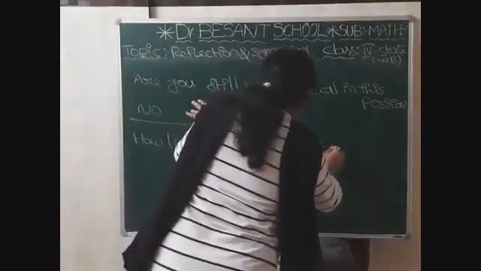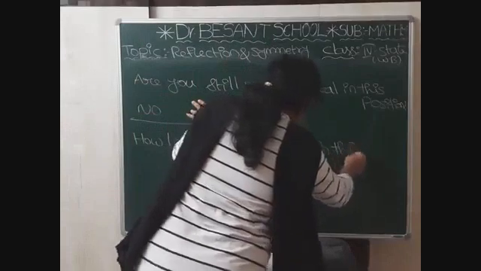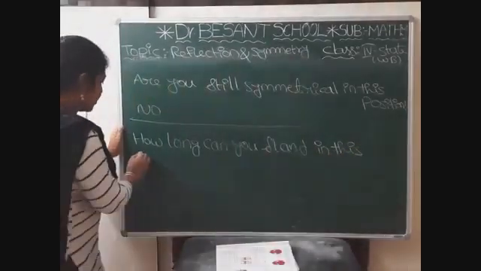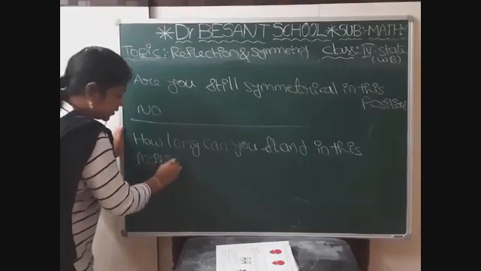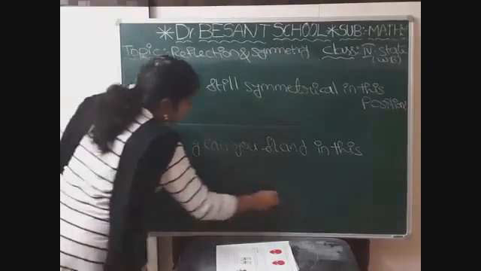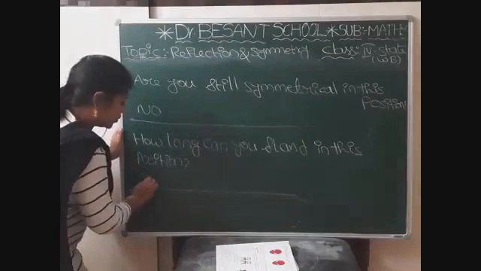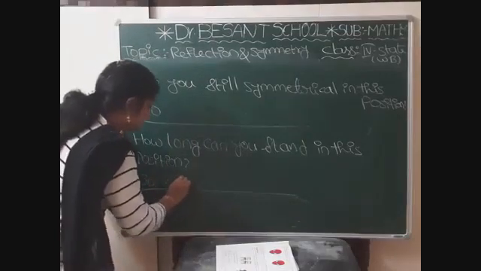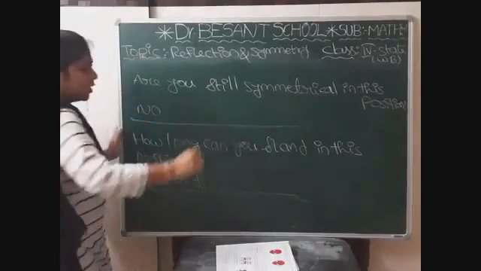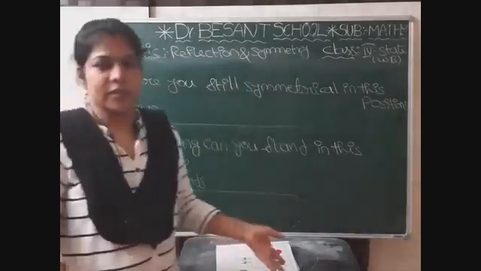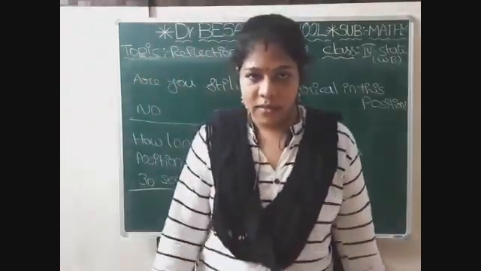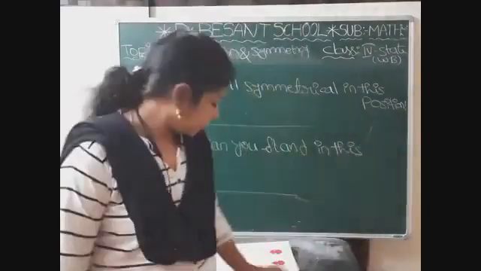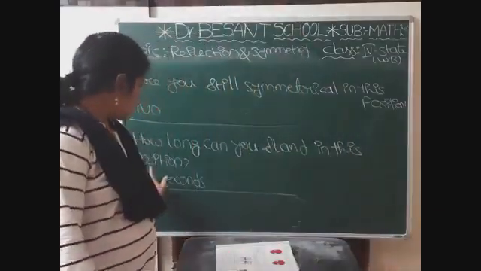I have stood for 30 seconds only, that's why I am writing 30 seconds here. You have to check at home and write down the time. How long did you stand in that position? Okay, children? Write down.